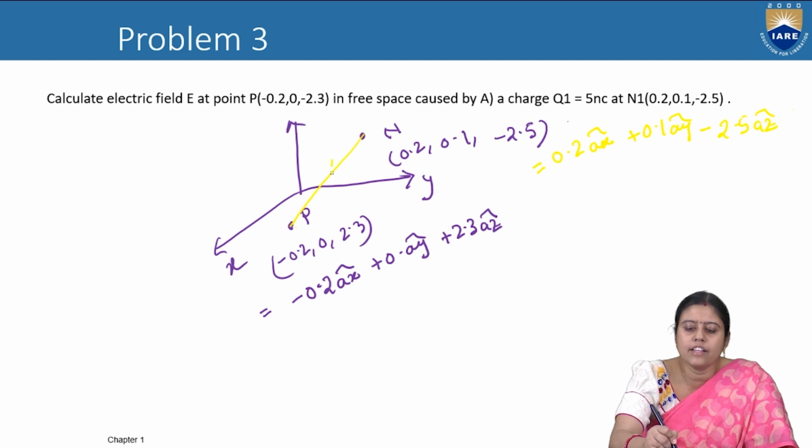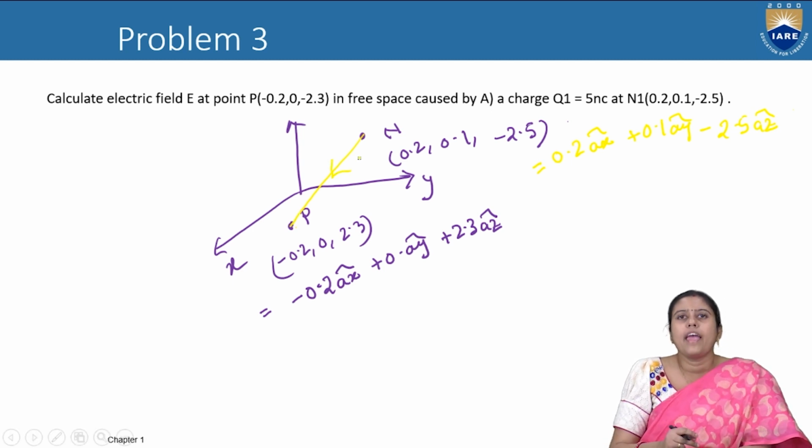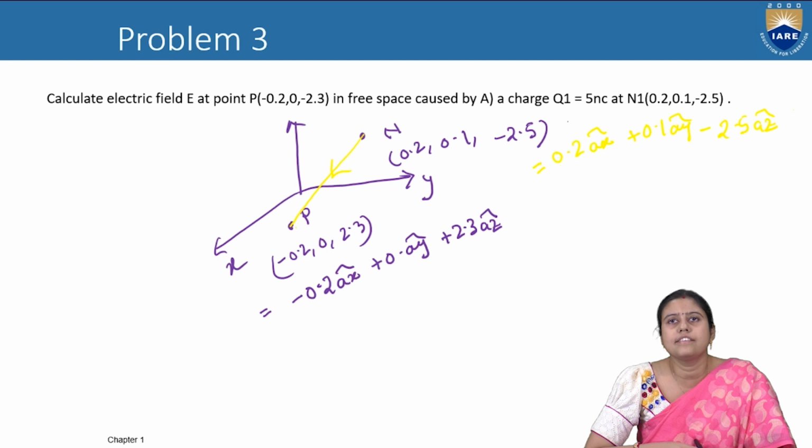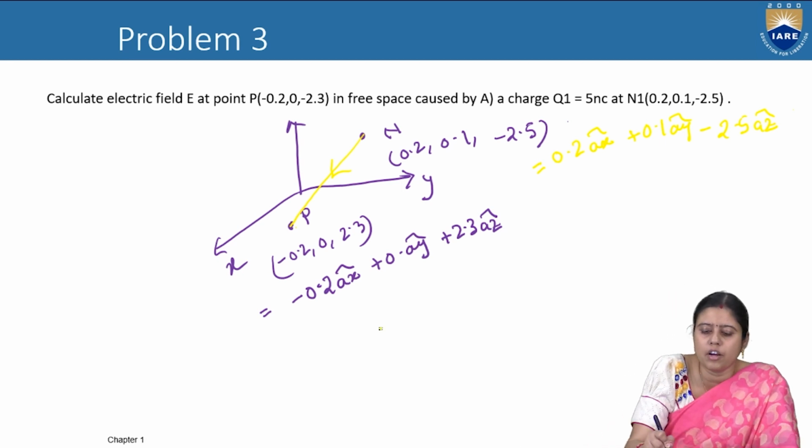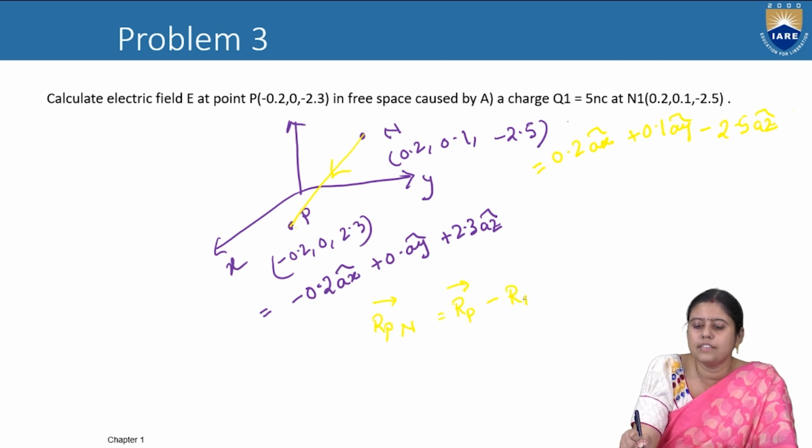Now we have to calculate the field at P due to N. So direction is from N to P. End point is P and starting point is N. So what is the equation of the R? RPN is equal to end point minus starting point. What is the end point?